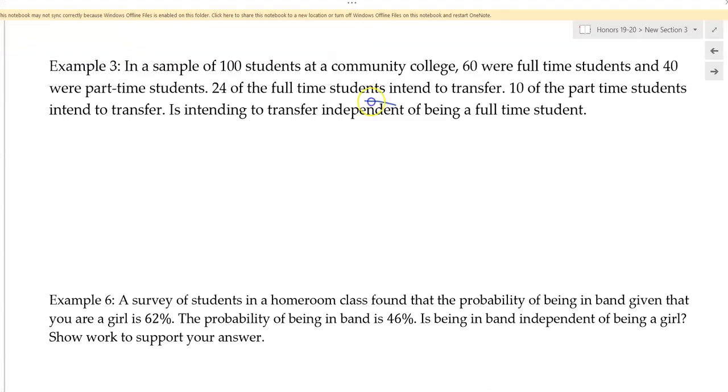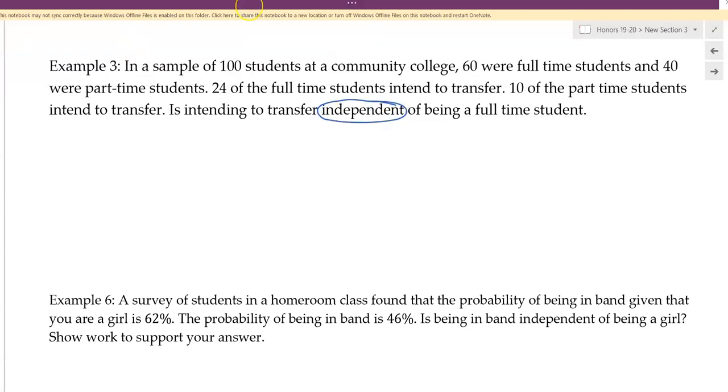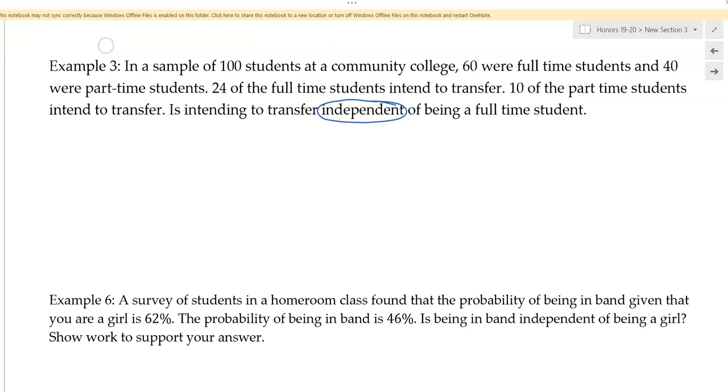So again, it's asking about independence. And then I want to figure out, is this an and probability or a given probability? So this one, we have to kind of read between the lines a little bit. So 100 students went to a community college. That's one thing happening. That's one of our simple probabilities. 60 were full-time and 40 were part-time.